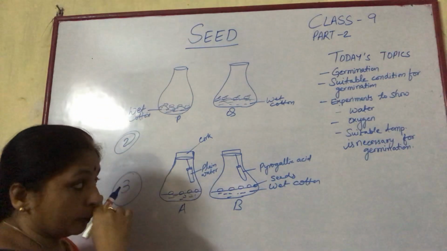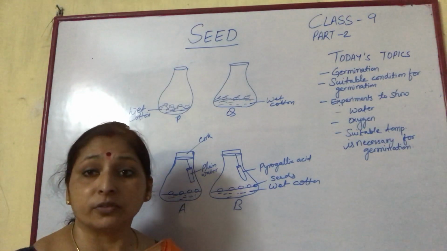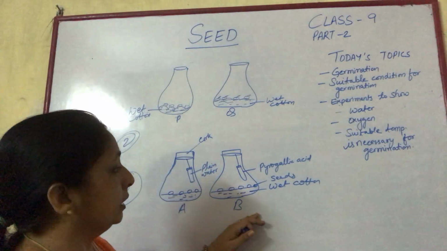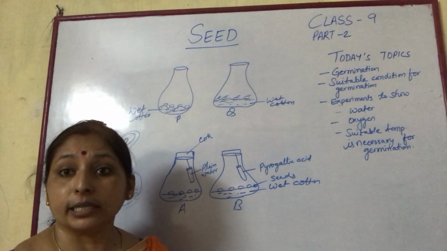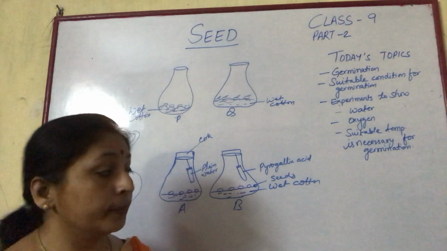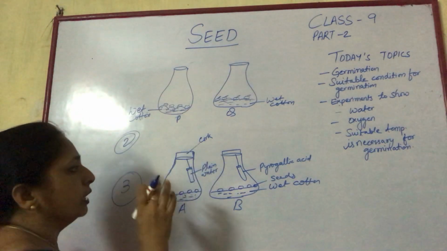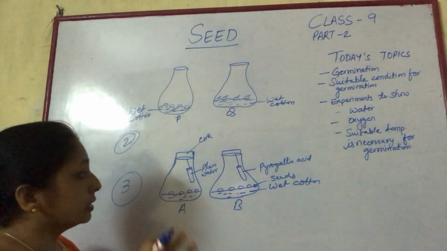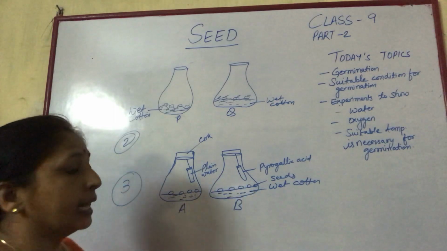Now what is this experiment all about? This experiment is about the process of germination. But what do we want to prove here? We have already shown through the earlier experiments that water and a suitable temperature are necessary. But here it is oxygen. Since the flask is closed with a cork, here we have taken plain water, and in this one pyrogallic acid.